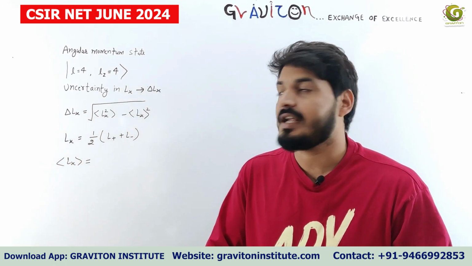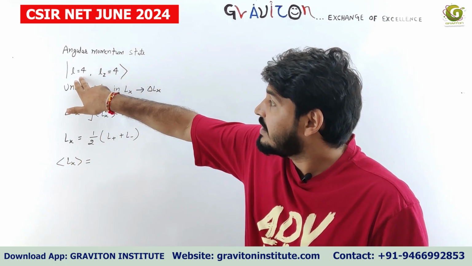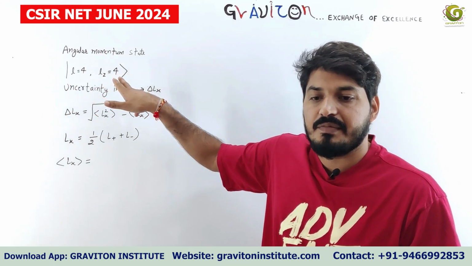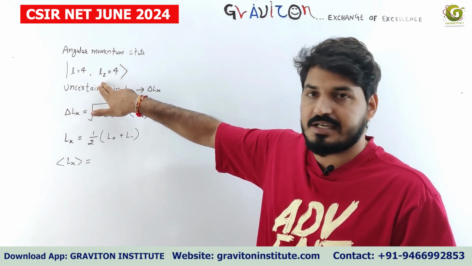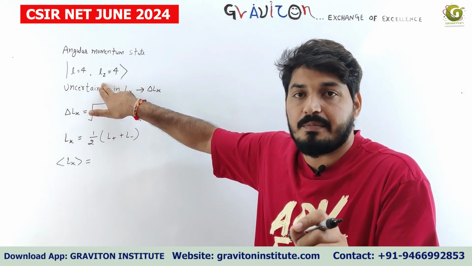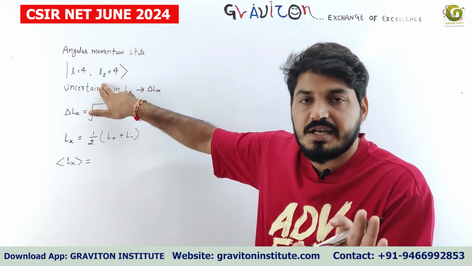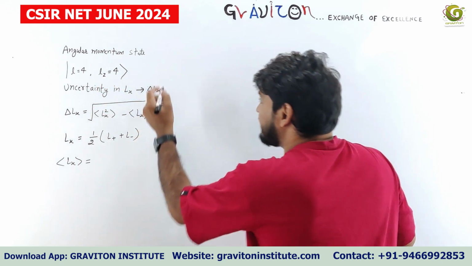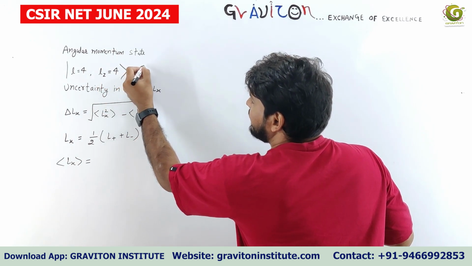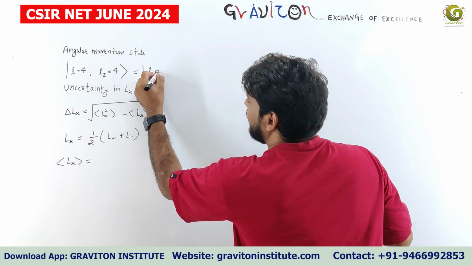In this question they have given L and Lz, not M, so you don't need to be confused. This Lz is nothing but M, so the state is nothing but Lm.